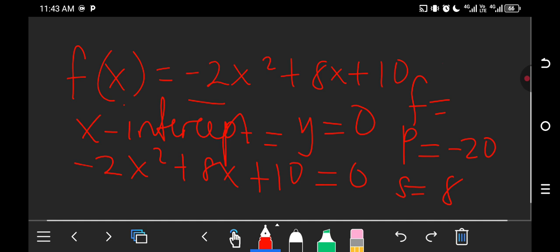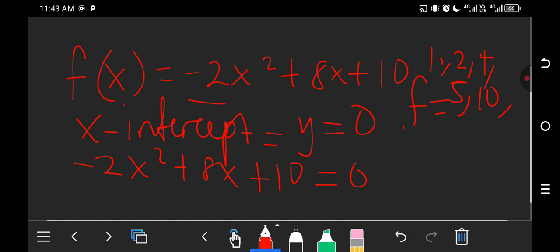So what are the factors of 20? The factors of 20, we have 1, 2, 4, 5, 10, and 20 itself.